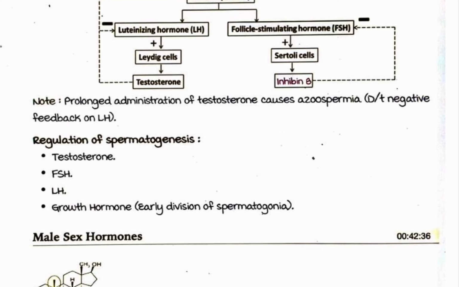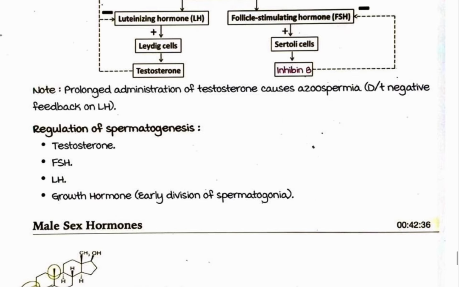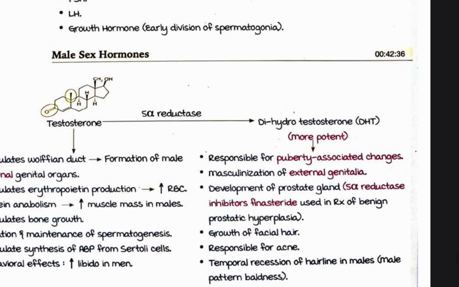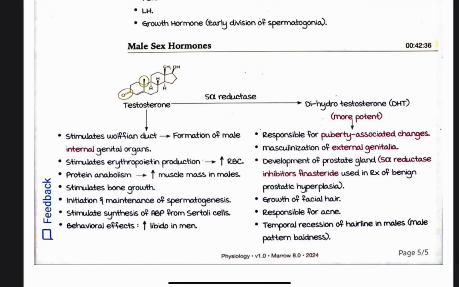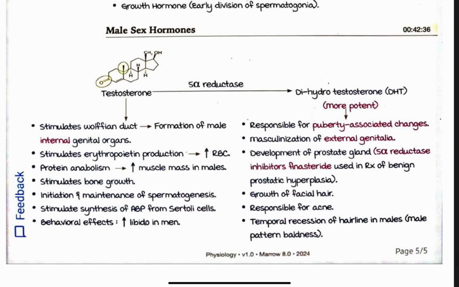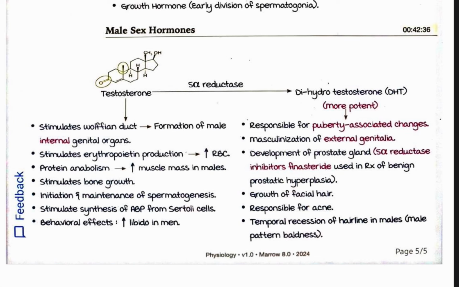Regulation of spermatogenesis is by testosterone, follicle stimulating hormone, luteinizing hormone, and growth hormone, in the early division of spermatogonia. The sex hormone is testosterone. 5-alpha reductase acts on it, causing dihydrotestosterone, DHT.